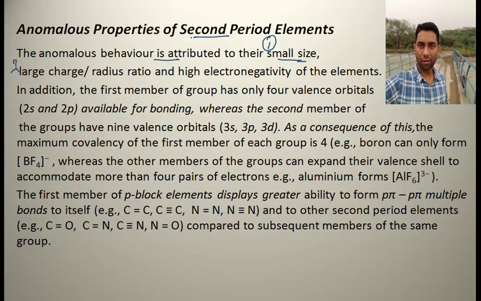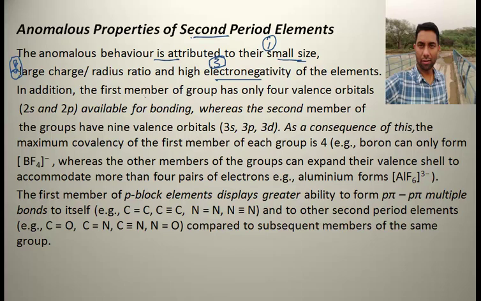This is the second reason for showing abnormal properties, the charge radius ratio, and the third one is high electronegativity. Electronegativity we limit to covalent compounds or non-metals, whereas radius ratio comes in ionic compounds.